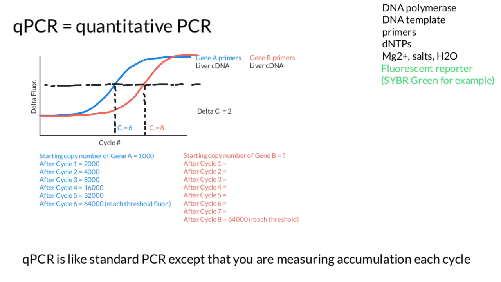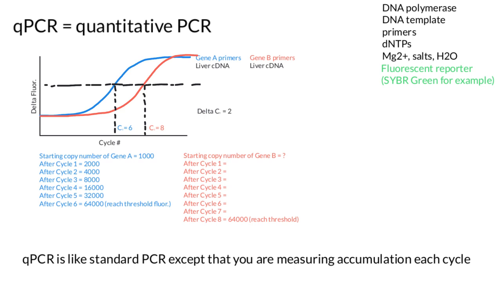Now for gene B, we might not necessarily know what the starting copy number was in our liver cDNA sample. We're amplifying off the same template here. But if we look at our graph, we crossed over our threshold mark of what equals 64,000 relative fluorescent units at cycle 8.